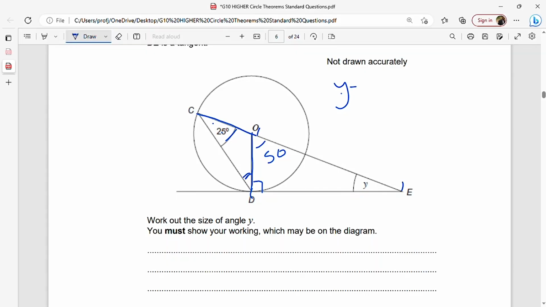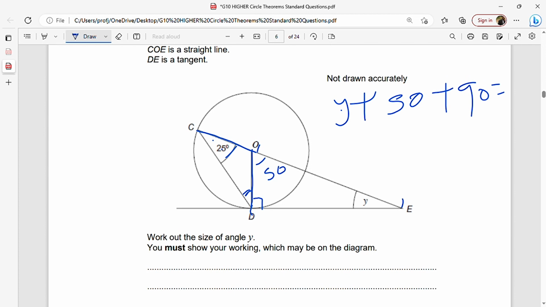Treating triangle OED, you have y plus 50 plus 90, that right angle, will give us 180. So y is equal to 180 minus 90 plus 50, which is 140. That will give us 40 degrees. I believe you understand the explanation I gave there.